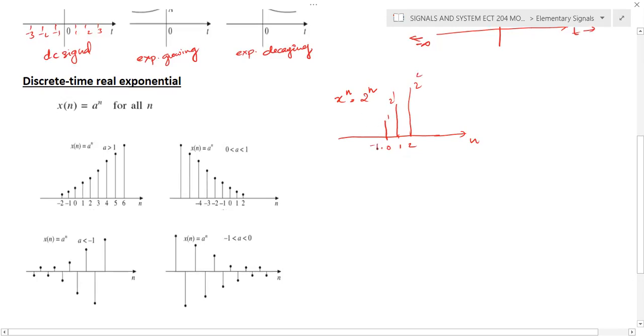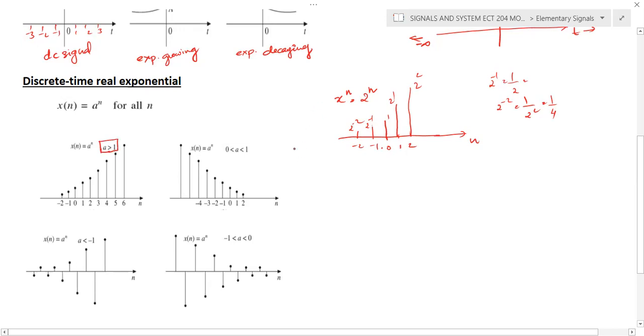When n is equal to minus 1, it is 2 raised to minus 1, which means 1 by 2, so it becomes 0.5. At minus 2, 2 raised to minus 2 means 1 by 2 squared, which is equal to 1 by 4. So you can see that it's an exponentially growing signal. This is the case when a is greater than 1.